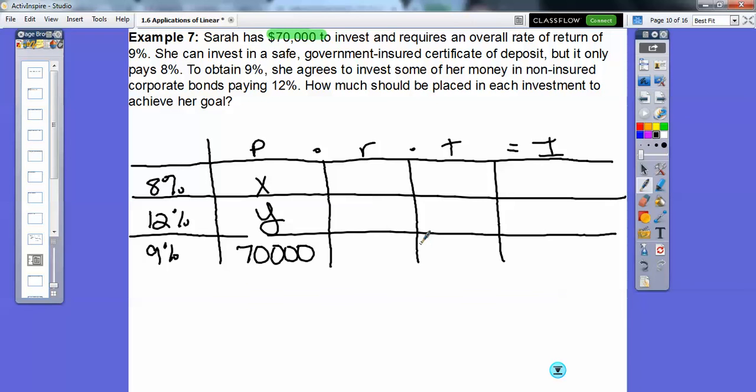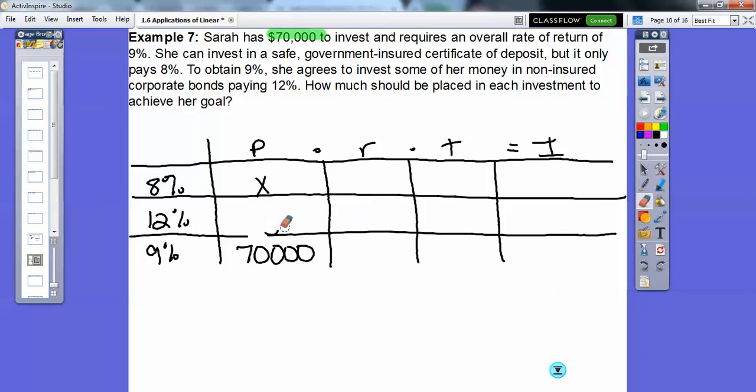When we were looking at our problems last week, we always said if you can add the first two to equal your total. So would you guys agree that X plus Y would equal 70,000? Could you solve for Y here? Yeah. If you want to get rid of the X, you just subtract it over. So Y is 70,000 minus X. So that is actually what I'm going to use here.